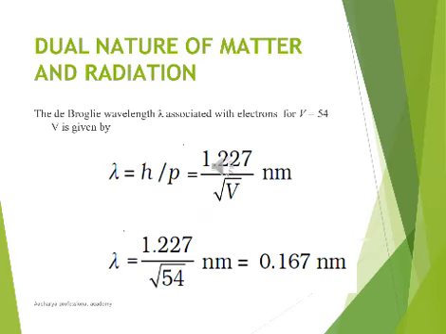The de Broglie wavelength associated with the electrons for the accelerating voltage of 54 volts is given by lambda is equal to h by p is equal to 1.227 by square root of v nanometer. If you substitute the v value as 54, you will get the value as 0.167 nanometer.